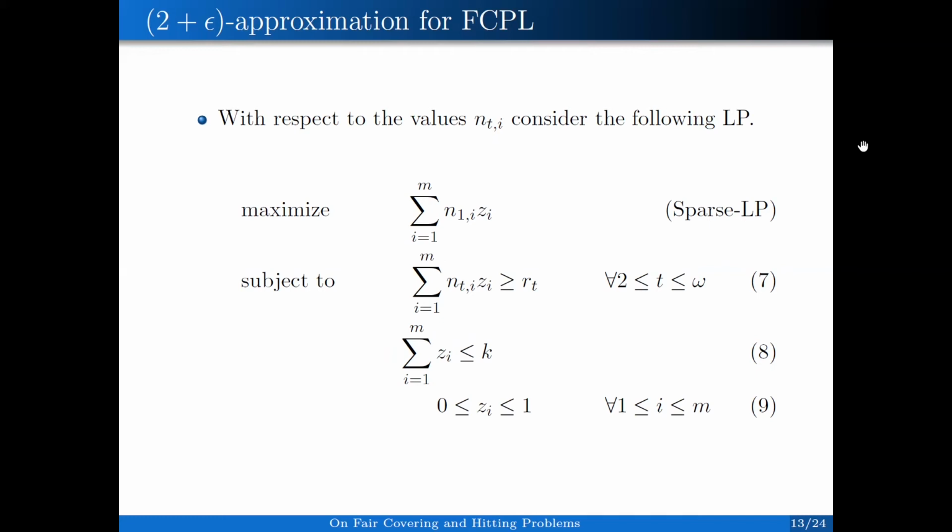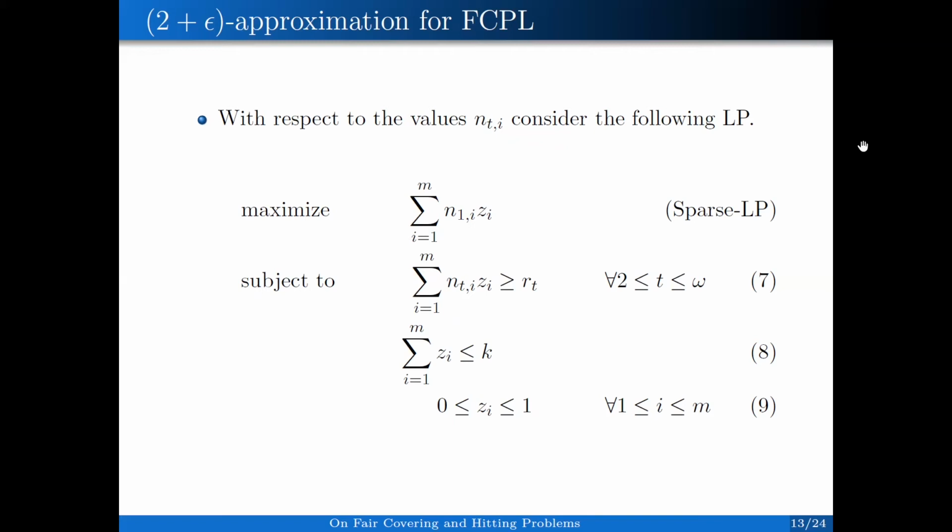But the left-hand side of this constraint is now just a linear function. We can write down the payoff corresponding to the tth color class as a summation over nti times Zi, where Zi is the variable corresponding to the ith line.